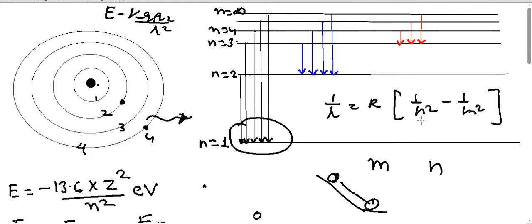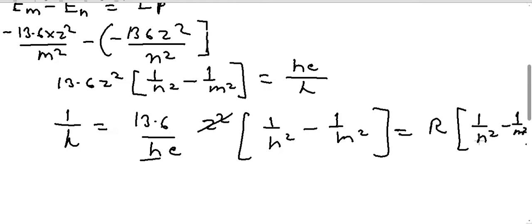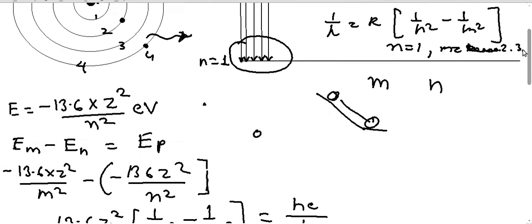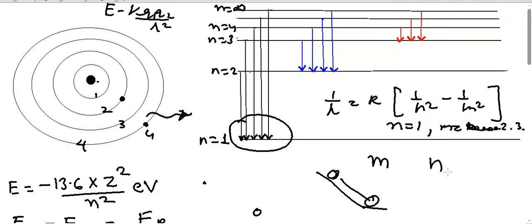Here n is equal to 1, and m can be 2, 3, 4 and so on. An electron cannot jump from 1 to 1, as then no energy would be released.